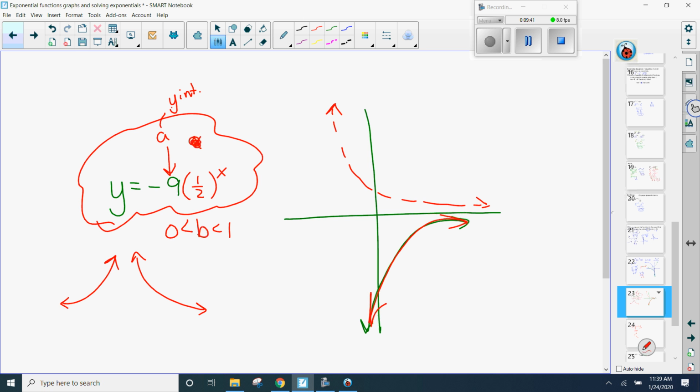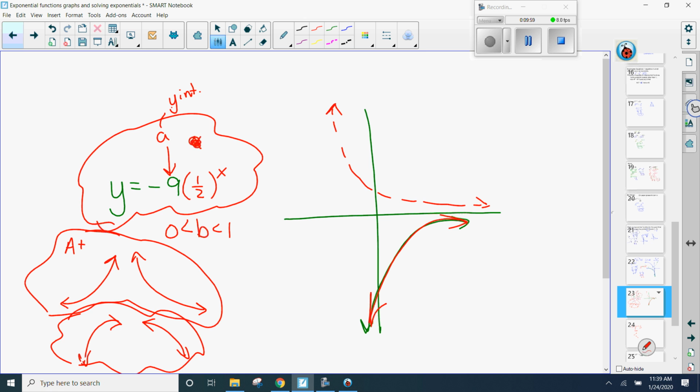If the y-intercept is negative, it's going to go like that or like that, right? And if it's positive, then it'll be one of these 2. This is a positive A value, and these 2 right here are a negative A value. And then you can take the negative 1, flip it up to determine whether this should be between 0 and 1 or greater than 1.